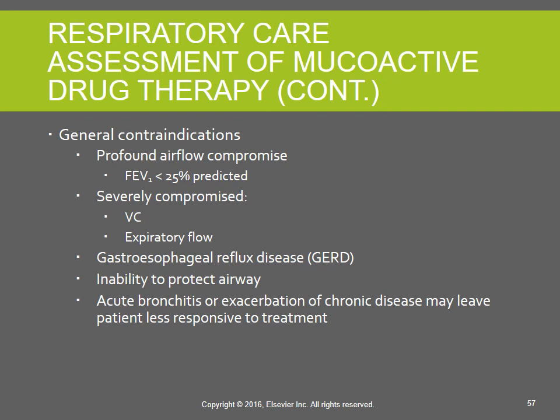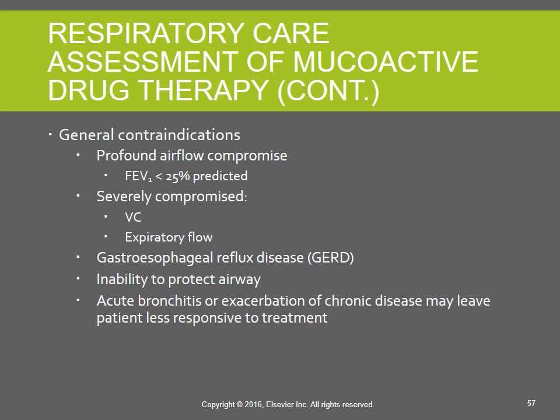General complications can be seen in some cases. If the FEV1 is less than 25% of predicted, it becomes difficult to mobilize and expectorate secretions. Use mucoactive therapy with caution in patients with severely compromised vital capacity and expiratory flow, such as end-stage pulmonary disease or in neuromuscular disorders.